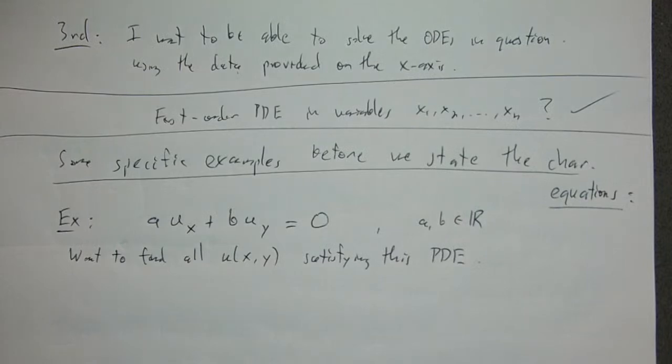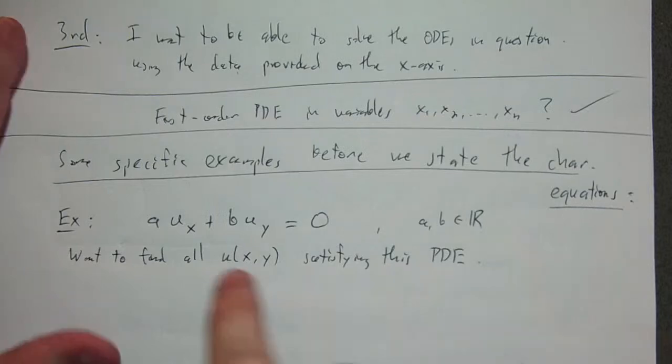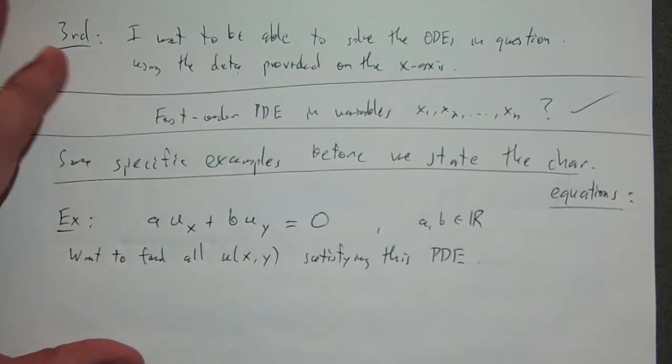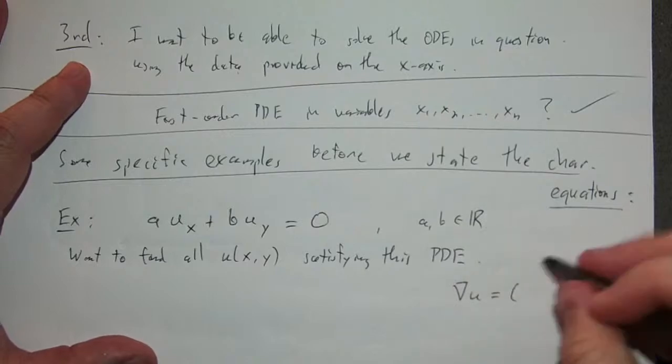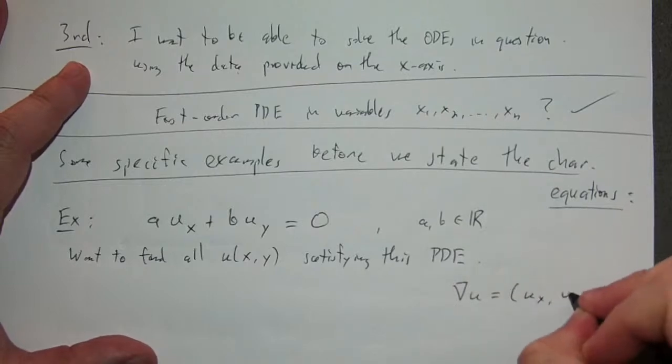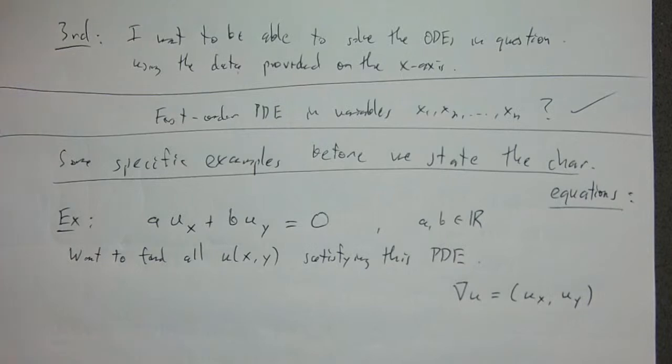Okay, so how do I do this? Remember what I said about this being a statement about directional derivatives, because this is a first order PDE. So what kind of statement about directional derivatives is this? Recall that the gradient of u is the vector containing the x and y partials.